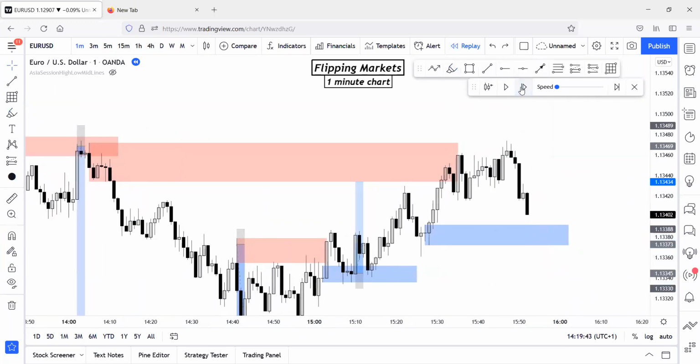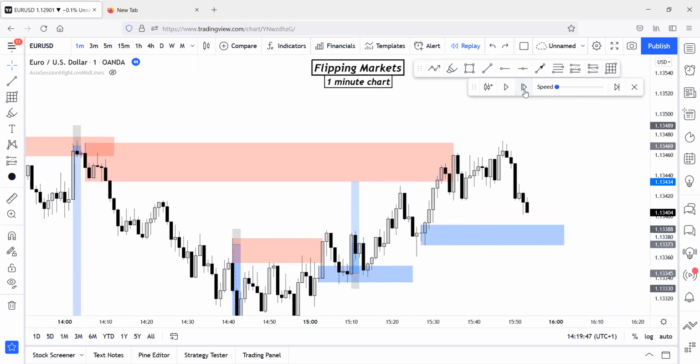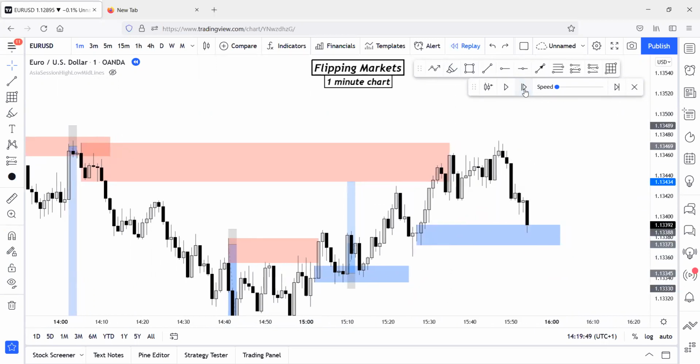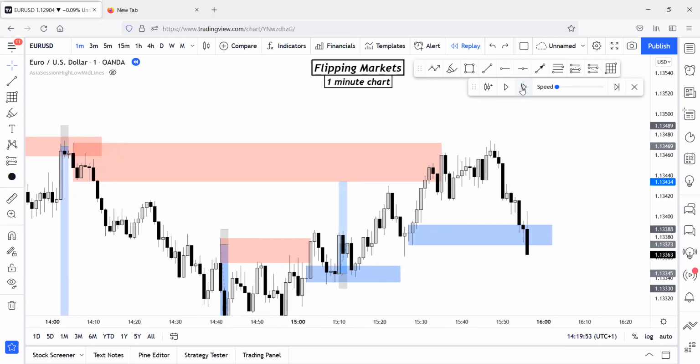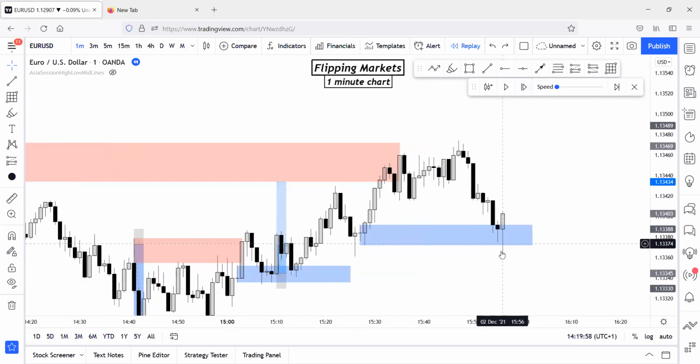So let's see. Okay, price just swept the downside liquidity from this region, tapped into a demand zone, reaction on that demand zone. Okay. And price actually broke that demand zone. As you can see, it could be a liquidity sweep, but it created double bottoms again.